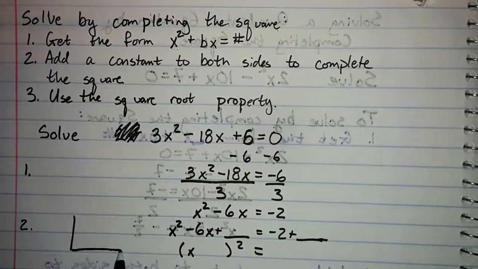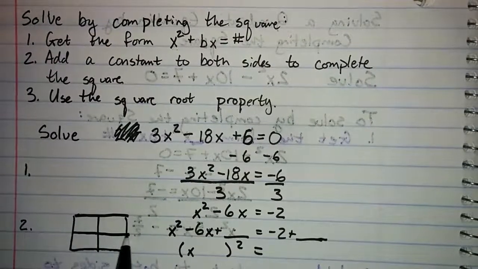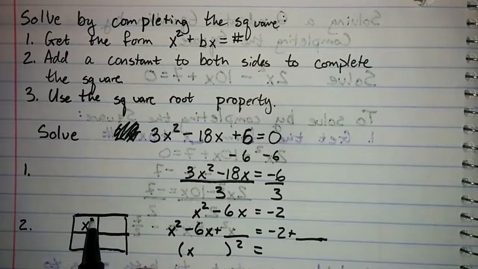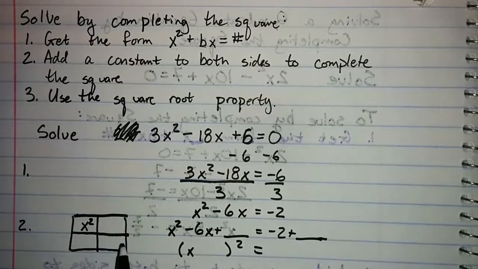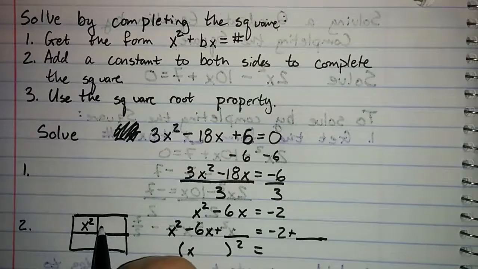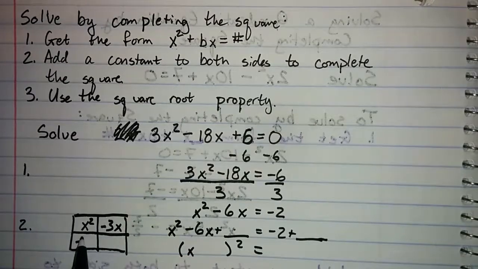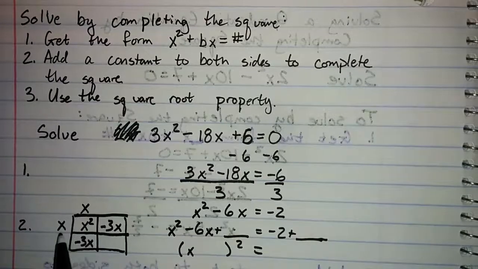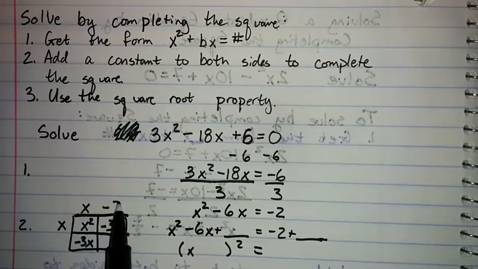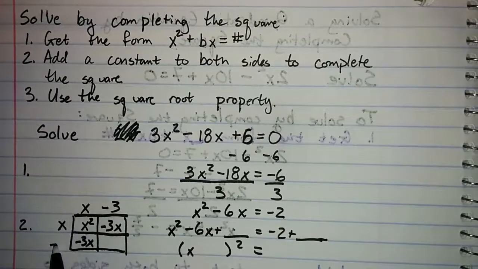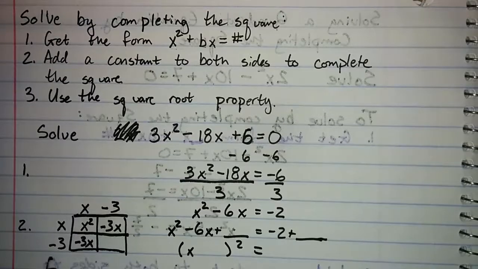Let's see, what should the constants here be? Splitting the negative 6x evenly between these two boxes, I've got a negative 3x and another negative 3x. X by x, x by negative 3, x by negative 3.